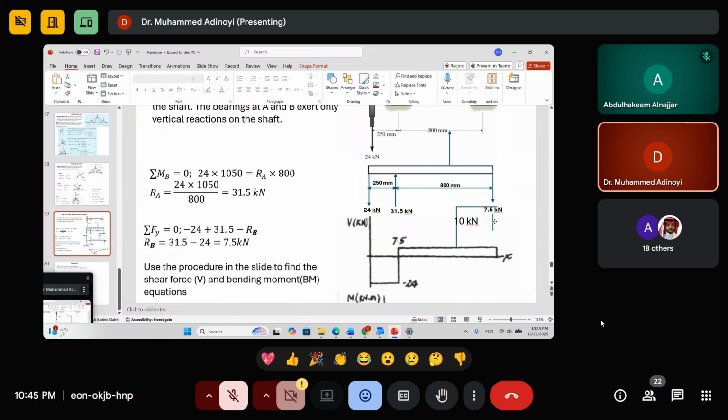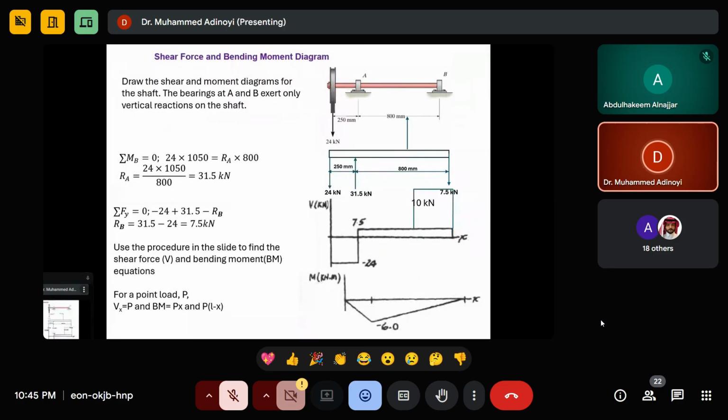Then the shear force diagram becomes like this. Doctor, it means to check our answers, if we calculate the area below and subtract from the area above, it will be 0, right? Yes, exactly. That is just the point.